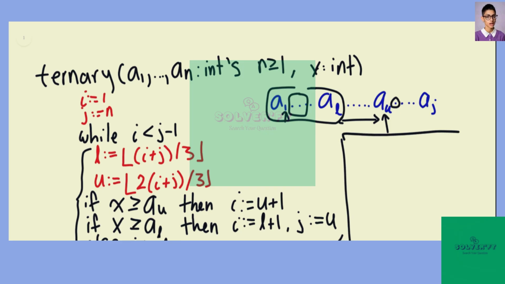So I'm going to continue into this right side here. And so we just need to check if x is one of the values left in our search interval. Okay, so we'll say, well, if x is equal to a sub i, then we can set the location equal to i.